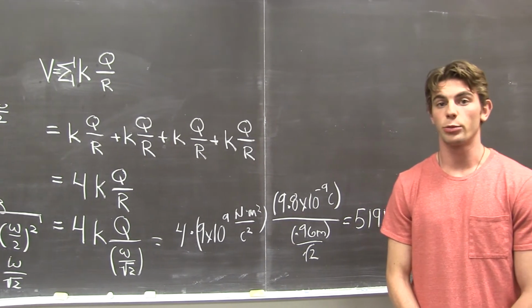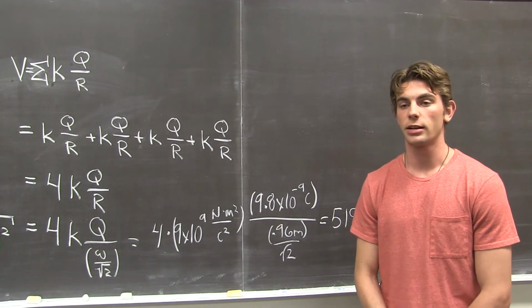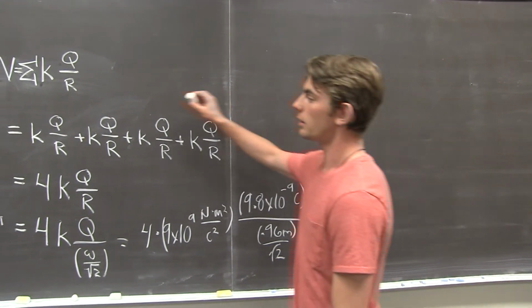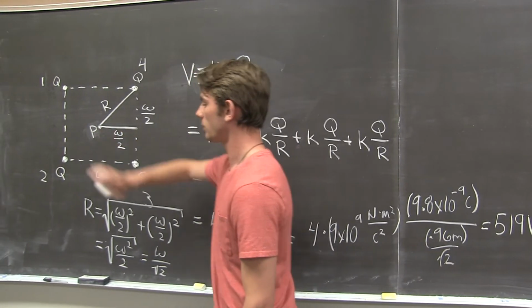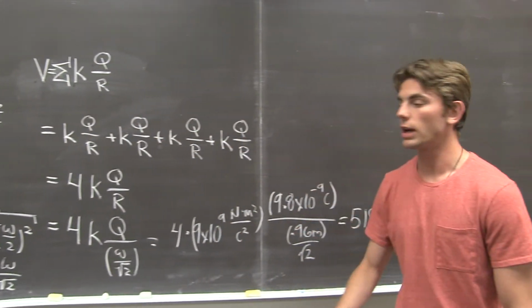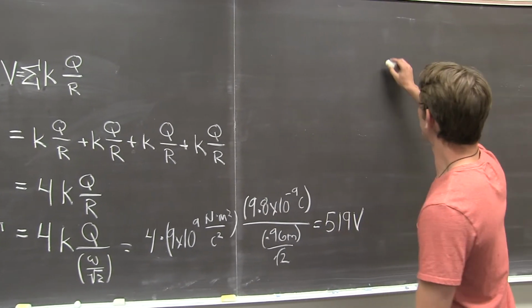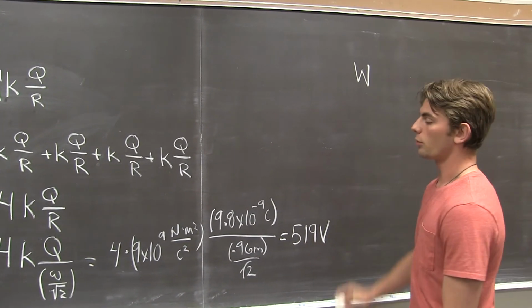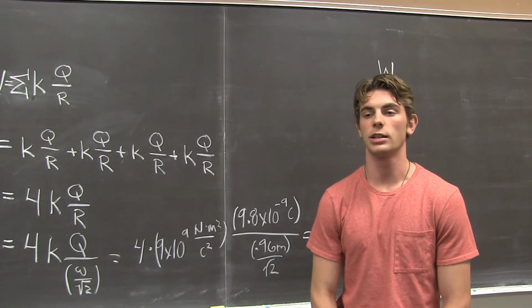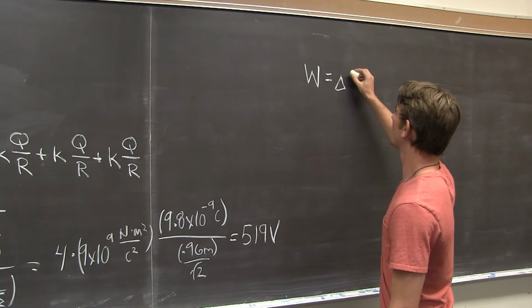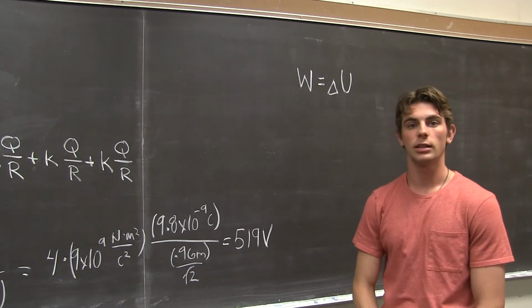Now, for part B of this problem, we consider an outside charge being brought to the center of this square here. That outside charge also has charge Q. So we look at the work being done for such an occasion. And we know that work is equal to the change in potential energy.